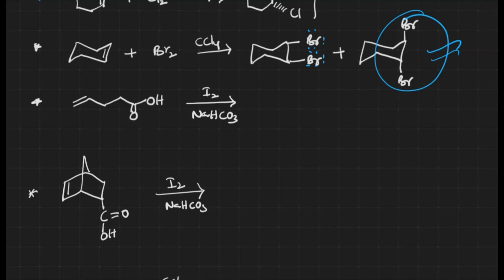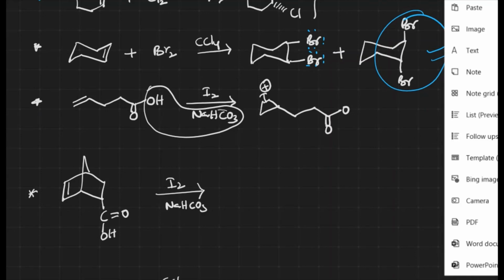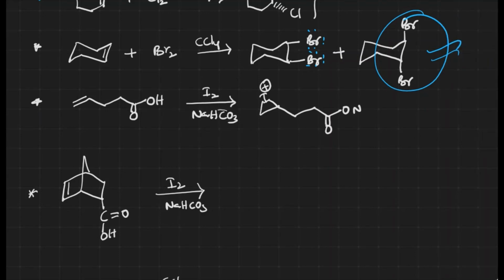Initially, it forms the cyclic halonium ion, and along with that, an acid base reaction also takes place and forms a salt. This negative part attacks over here to open the cyclic halonium ion ring. Ring opening takes place over there.